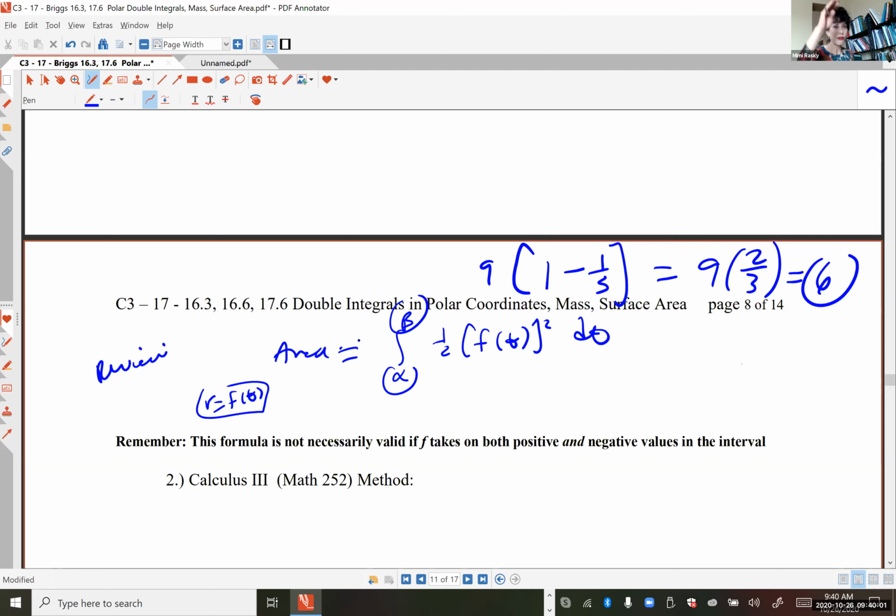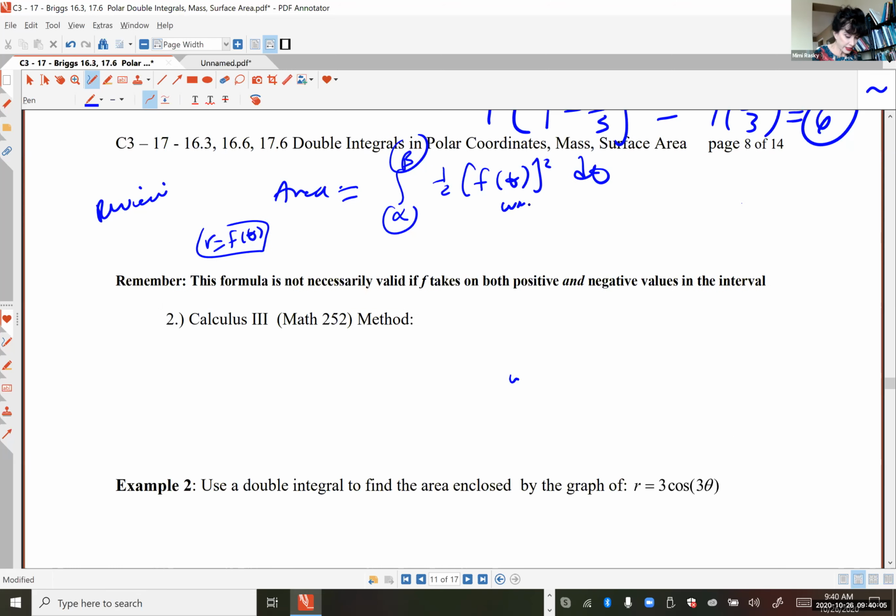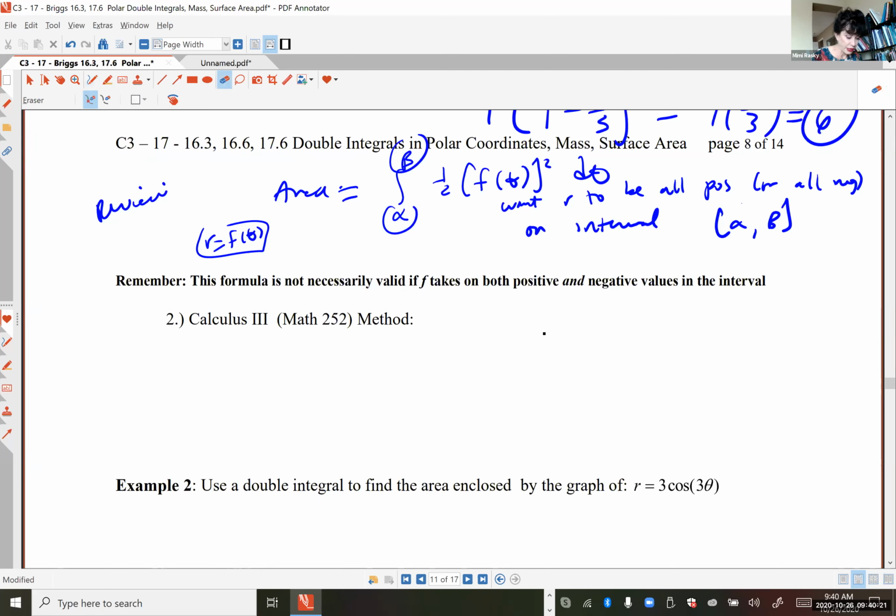You can't have r fluctuating between positive and negative. So you want r to be all positive or all negative, one or the other, on the interval alpha to beta. If it flips back and forth, you got to shorten up your interval and work some symmetry or something like that to make it all work out.